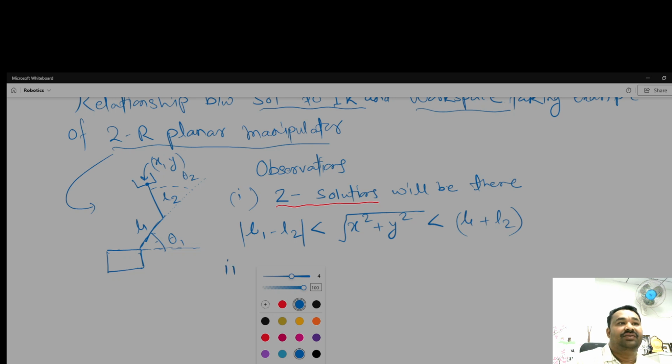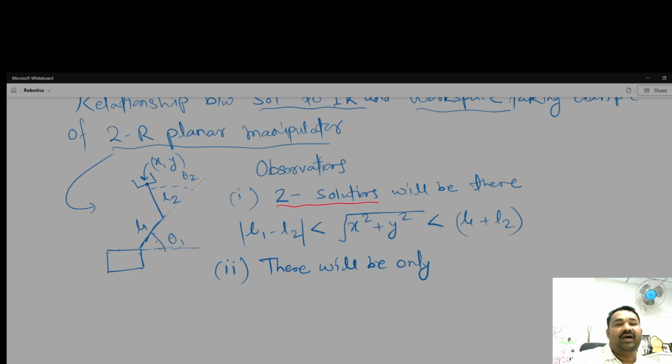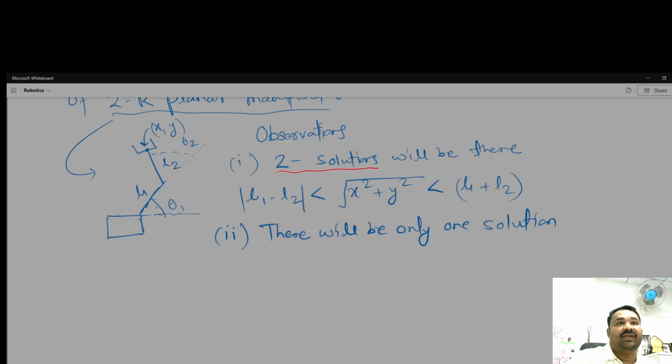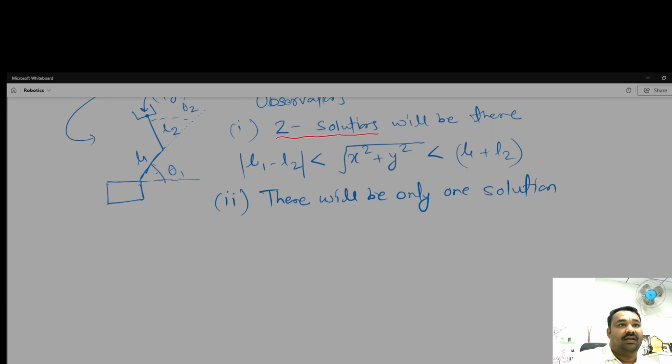Now the second observation: there will be only one solution in the case where the square root of x squared plus y squared becomes equal to L1 plus L2 or L1 minus L2.